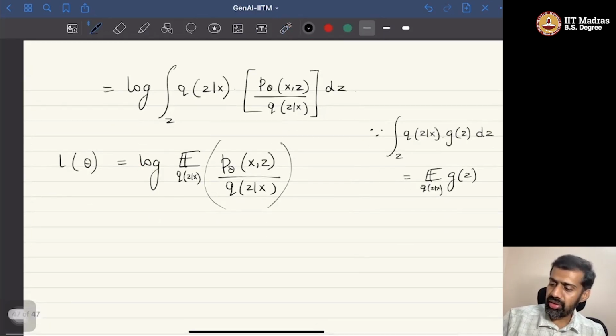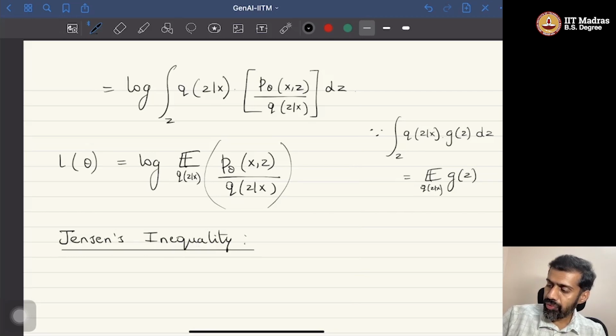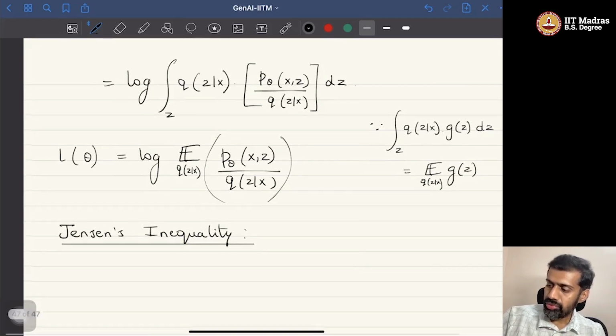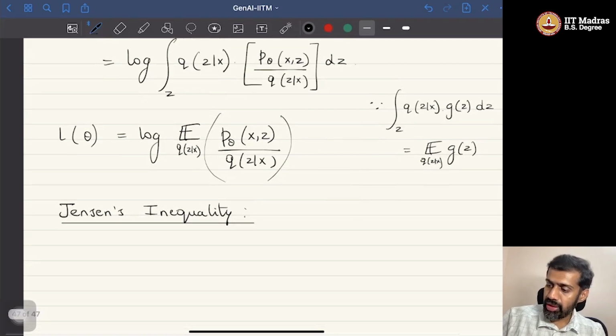It turns out that there is an inequality called Jensen's inequality. Jensen's inequality says that the log of the expectation of a particular function is greater than or equal to the expected value of the log of that function.